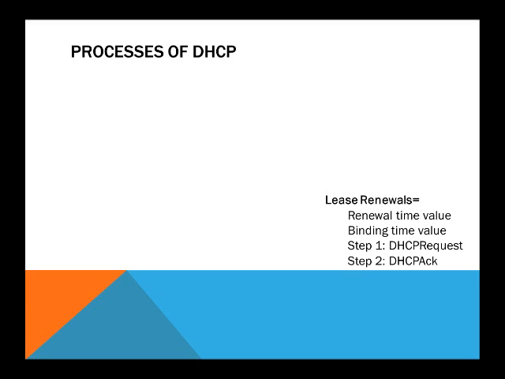If it doesn't work this time, it sends out a DHCP discover broadcast again to find any DHCP server that's willing to give it an IP address. Once the client makes the request to renew its lease, the server receives this request, and it sends a DHCP ACK message with the updated lease, which will include the new expiration date.